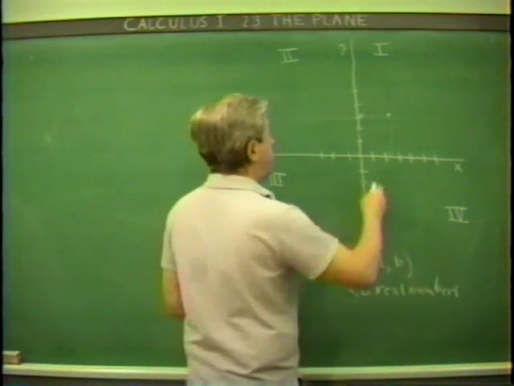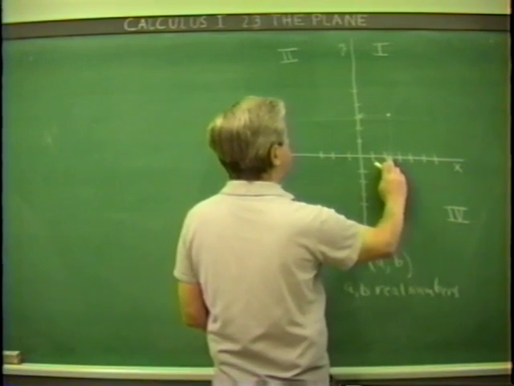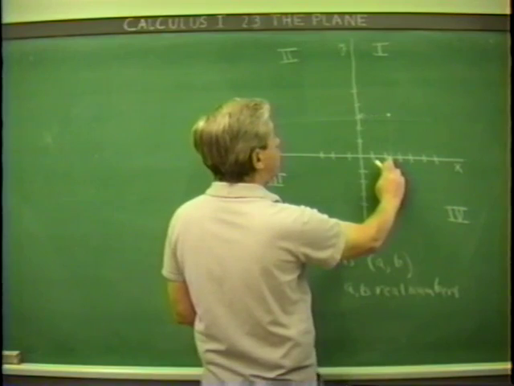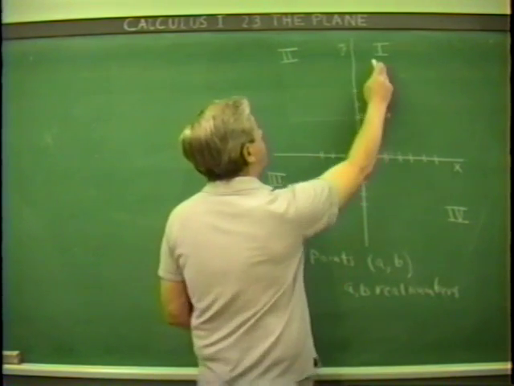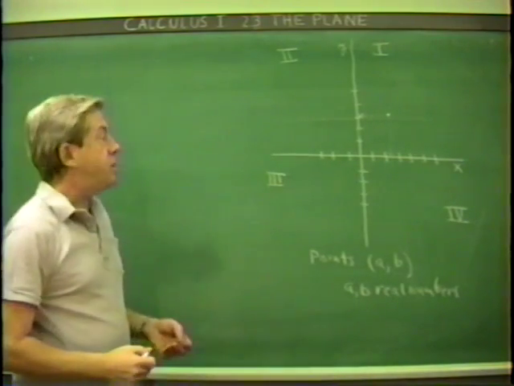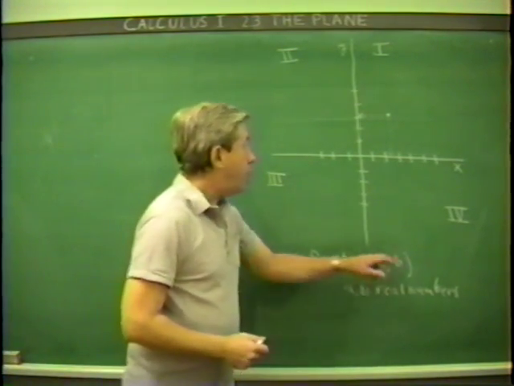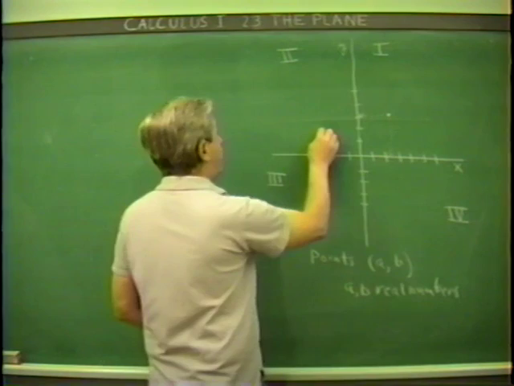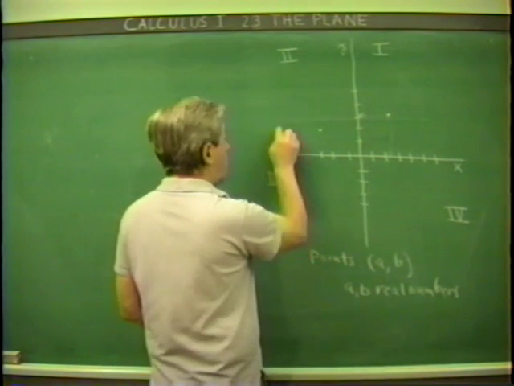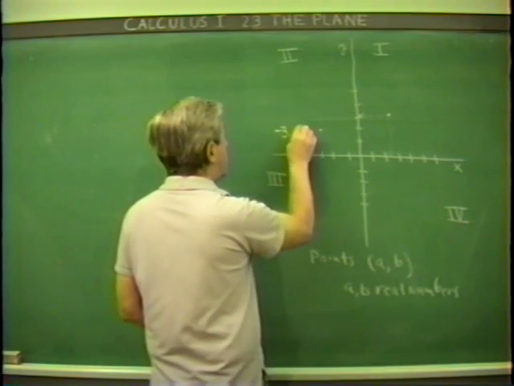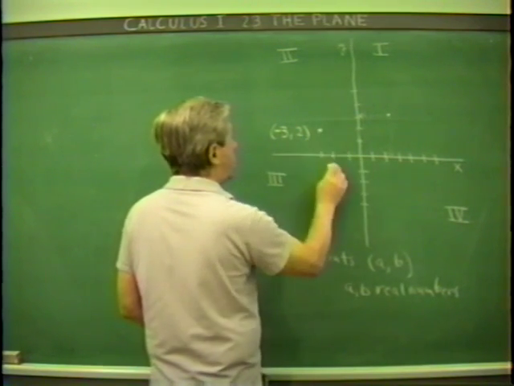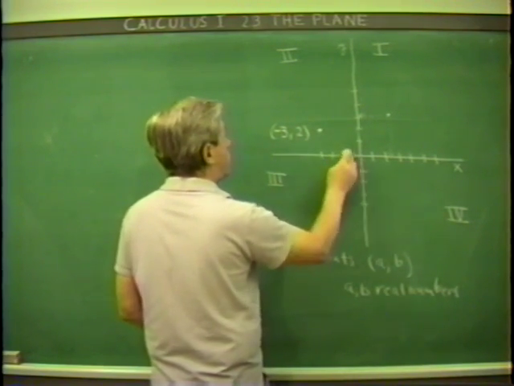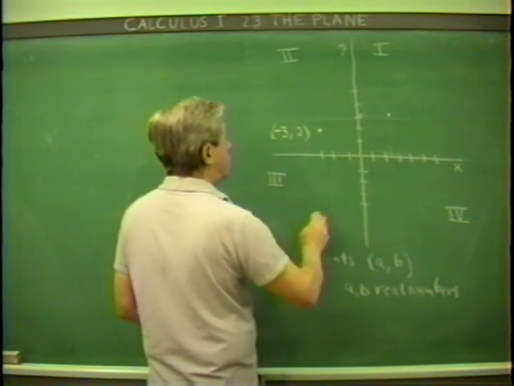So that, for example, here, this might be the point 2.5, 3.1. Anything that's in the first quadrant has both of its numbers in the pair positive. Here might be, for example, the point minus 3, 2. Its x-coordinate is minus 3. Its y-coordinate is 2.